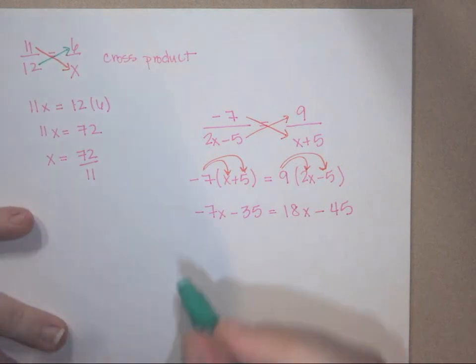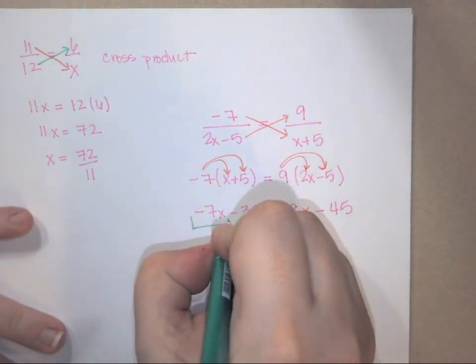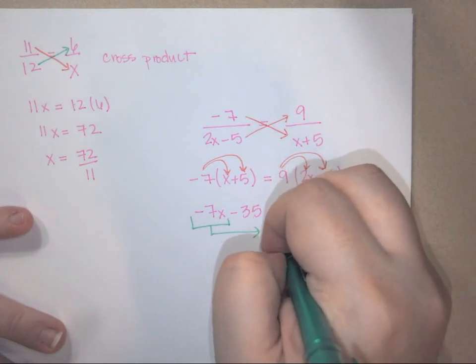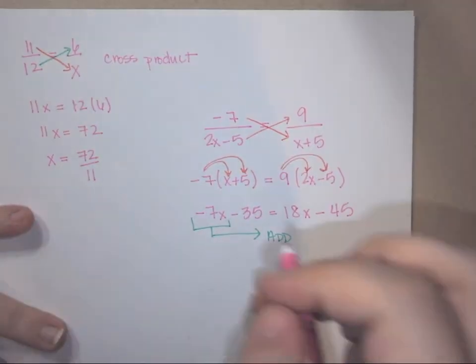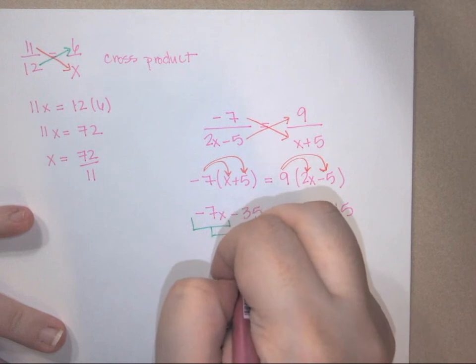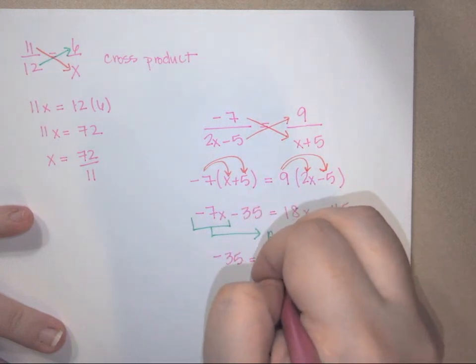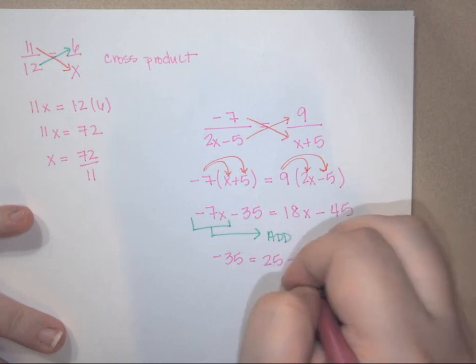I want to keep my x positive, so I'm going to take my 7x and shift it. Since it's negative, I have to add. So this is negative 35 is equal to 25x minus my 45.